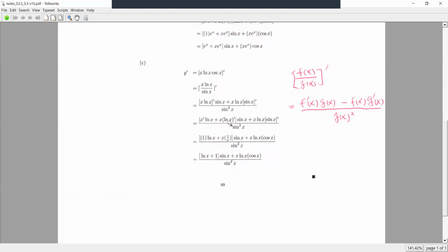Derivative of natural log is 1 over x. Derivative of sine is cosine. Simplify this result, then we get this equation. This is the derivative of the function in part C.